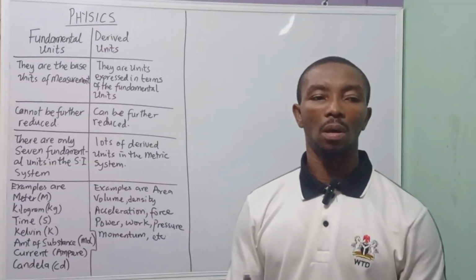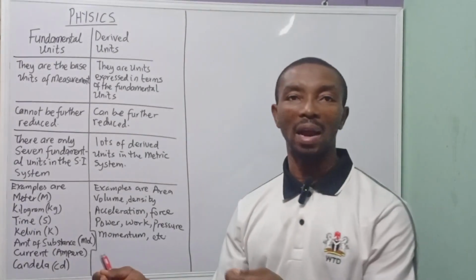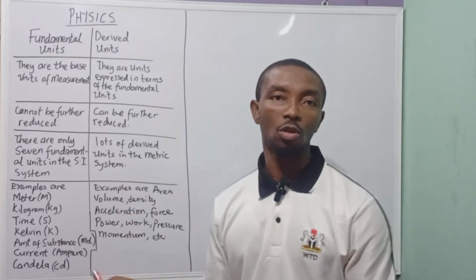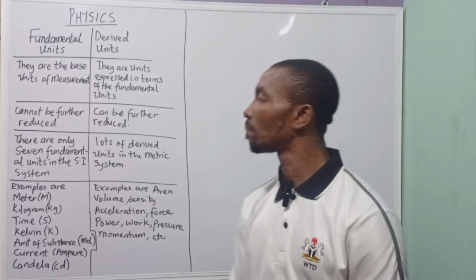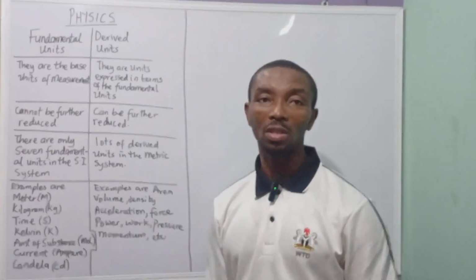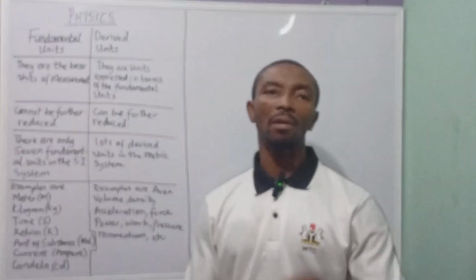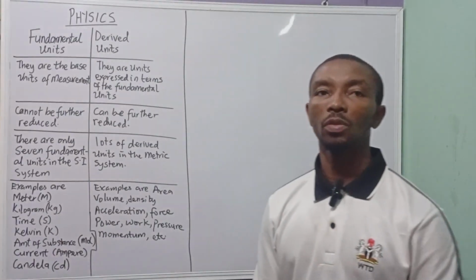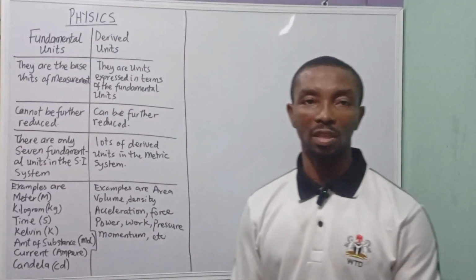They are the lifewires of every other unit, the building blocks of every other derived quantity. And there are only 7 of them thus far in the SI system.